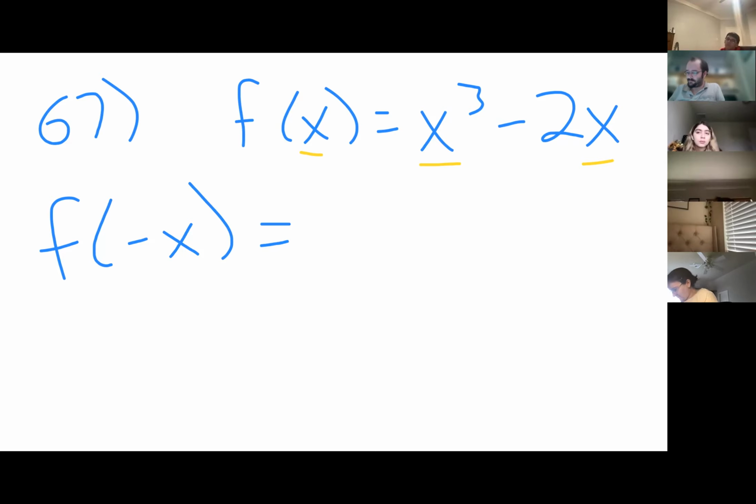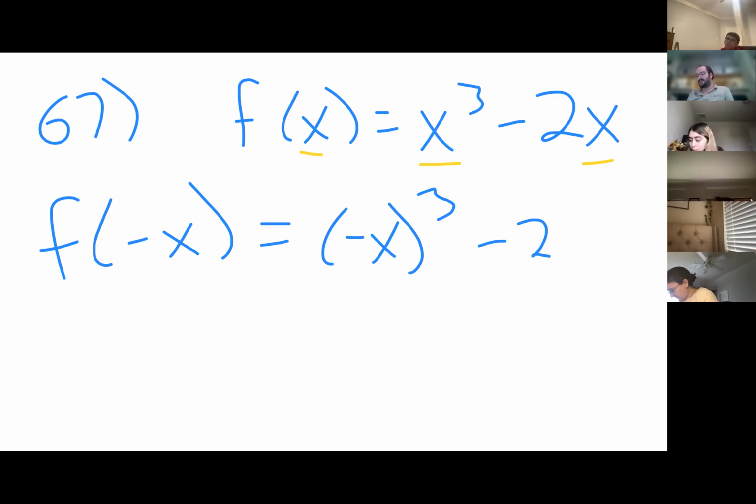Does that turn negative now? Would the x cubed turn negative? Yes, we have to plug in a negative x to this thing. And we also have to plug it in where? Right behind the 2. So that has to become a negative x.